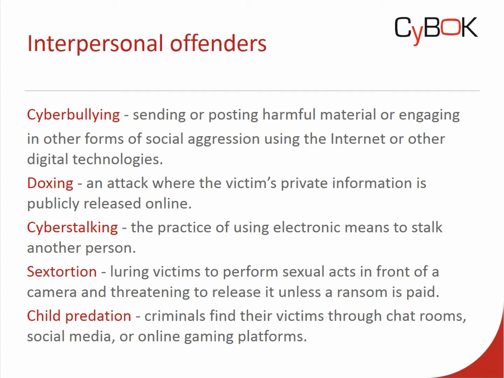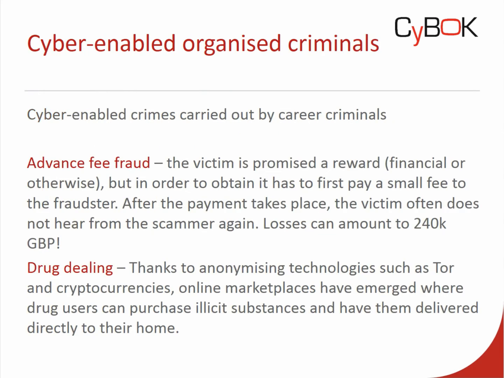So this is the first category of crimes that we discuss in the knowledge area, and then we move on to more organized crime, keeping in mind the difference between cyber-enabled and cyber-dependent crimes that I highlighted before.